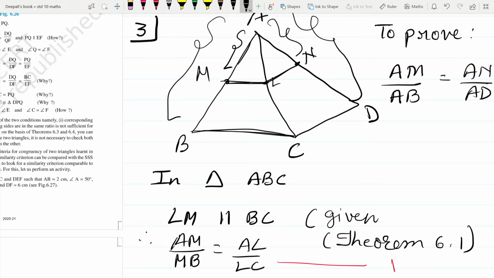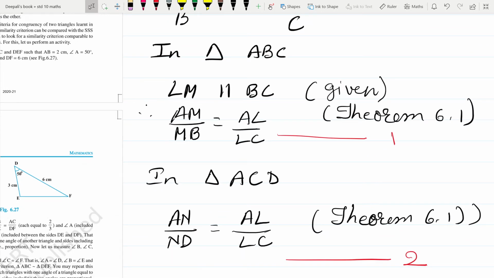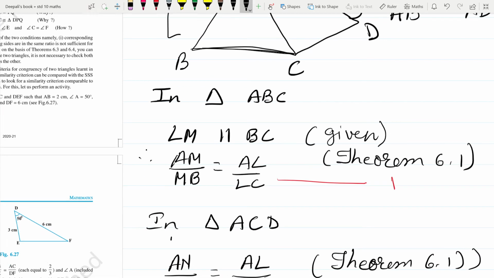Therefore, according to theorem 6.1, AN upon MB is equal to LN upon LC. Similarly, in triangle ACD, AN upon ND will be equal to AL upon CN, because here line LN is parallel to CD. This is given to us.